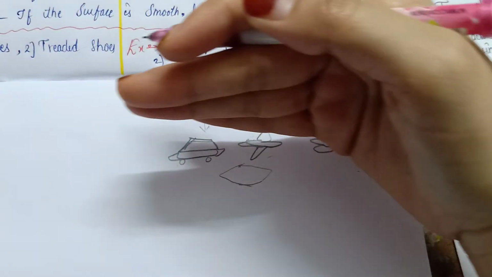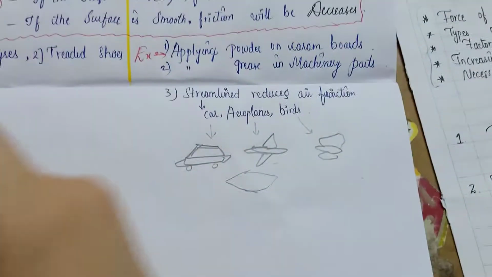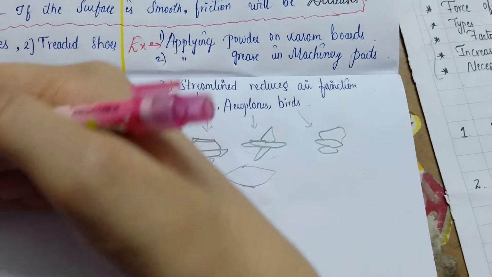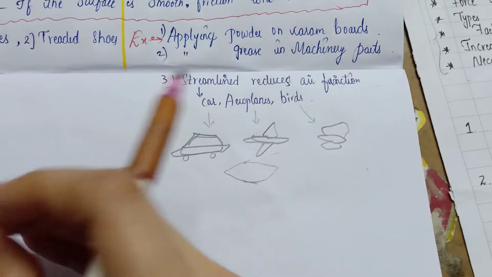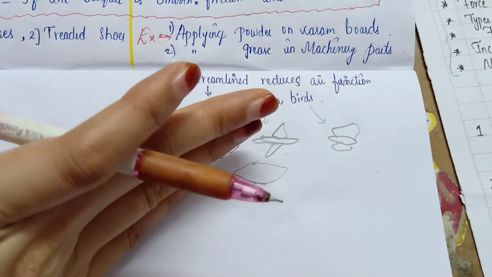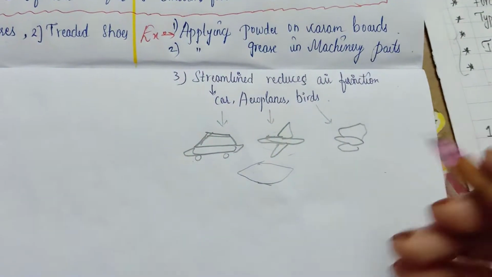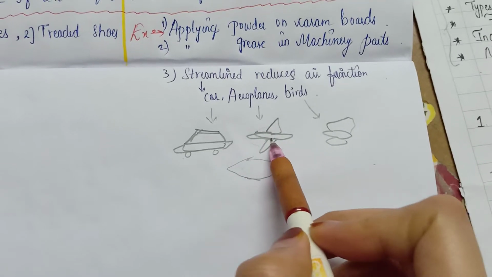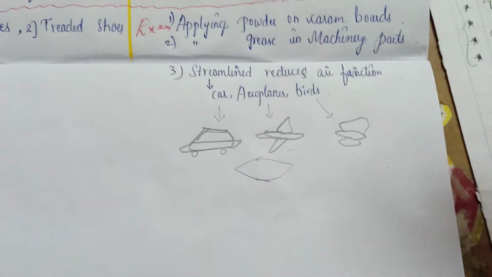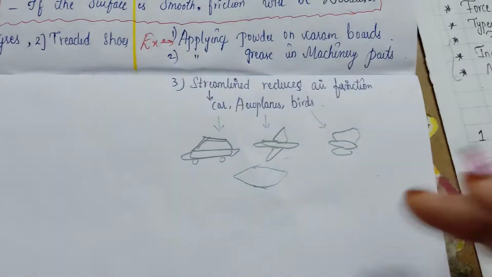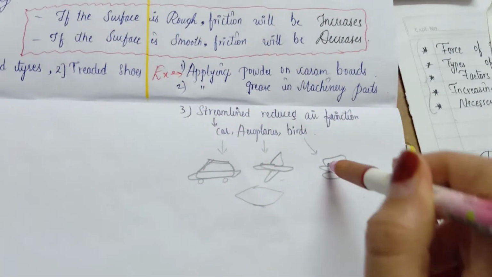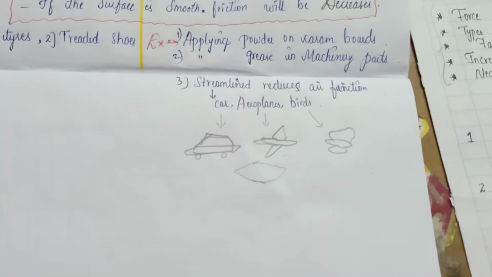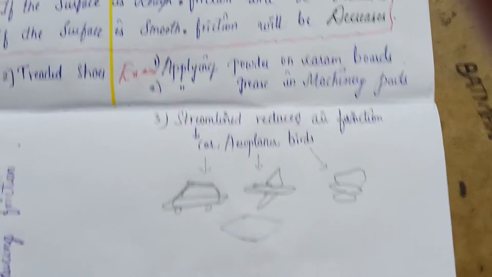When the car moves on the road, it tears the air and moves along the road, and by that, friction is reduced. Similarly, when aeroplanes fly, they also tear the air and fly through it, and birds do the same.